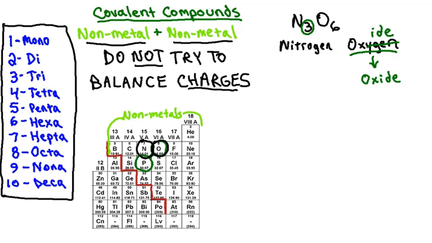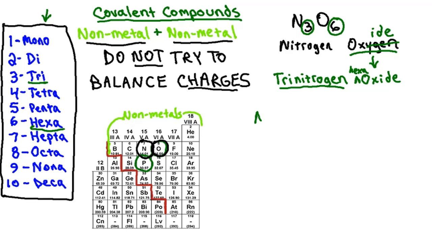If you look over at the number chart, 3 means tri is the prefix. So we're going to call this trinitrogen. There are 6 oxygen atoms, and 6 is hexa, so we're going to add a hexa in front of this oxide.